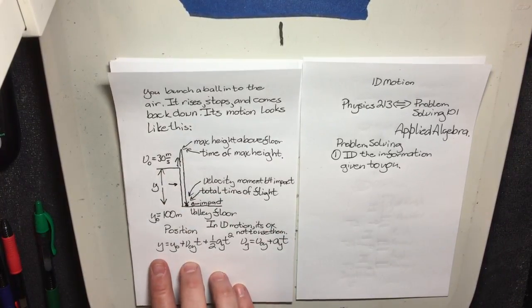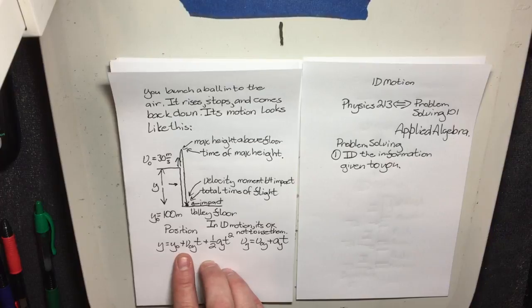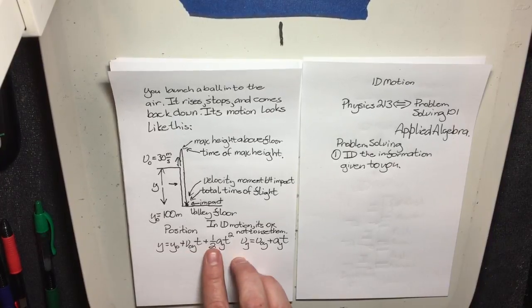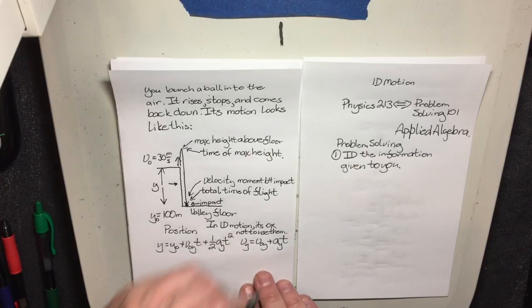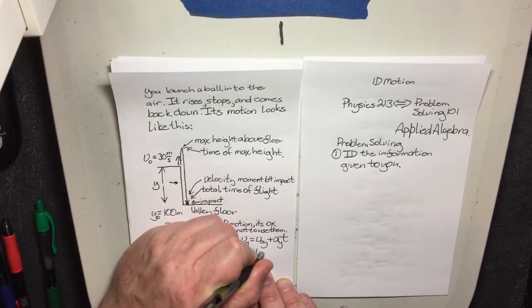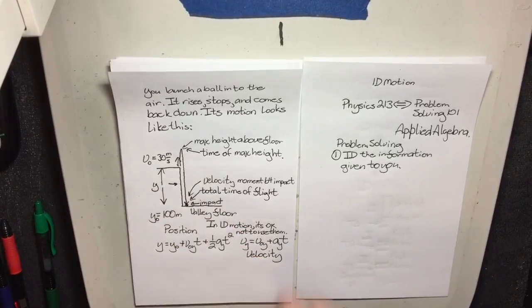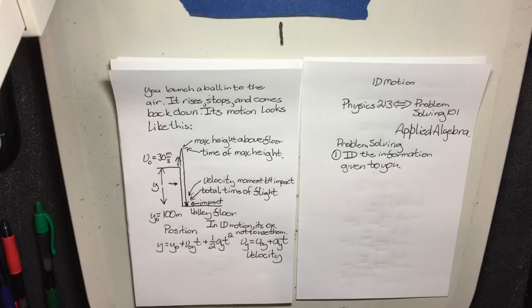You could write it as y equals y naught plus v naught t plus 1/2 a t squared, because if you've already identified it as a one-dimensional motion problem, it's unnecessary to differentiate it by saying y, because there's nothing else to differentiate it from. So position and velocity are most likely going to be the equations that you use.